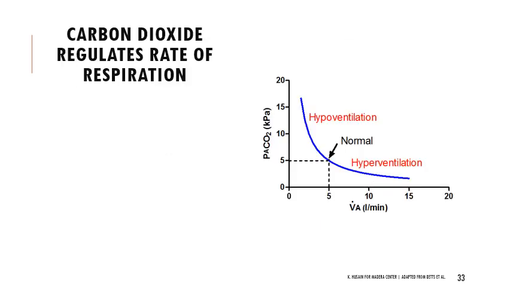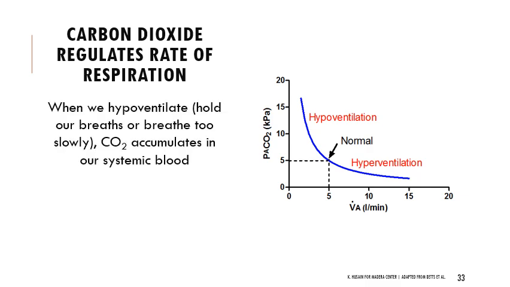So when we're thinking about signaling and systemic changes, I mentioned that carbon dioxide is really important, and it is super crucial for regulating the rate of respiration. One thing to keep in mind is that our body is responding to carbon dioxide, and how we breathe affects carbon dioxide, so it's a feedback loop.